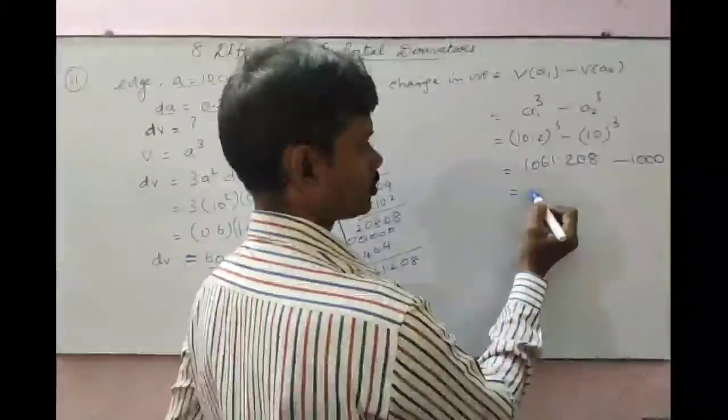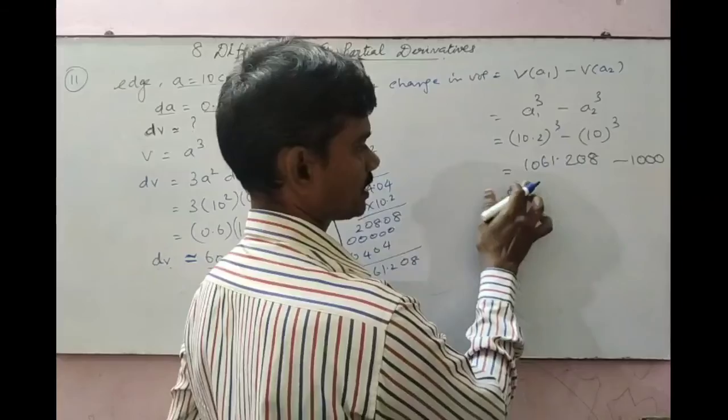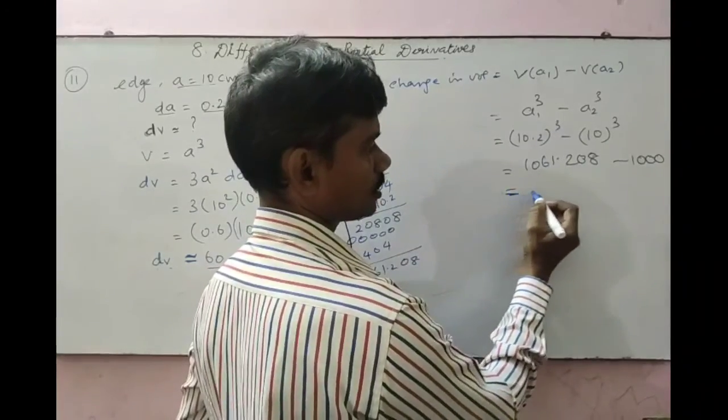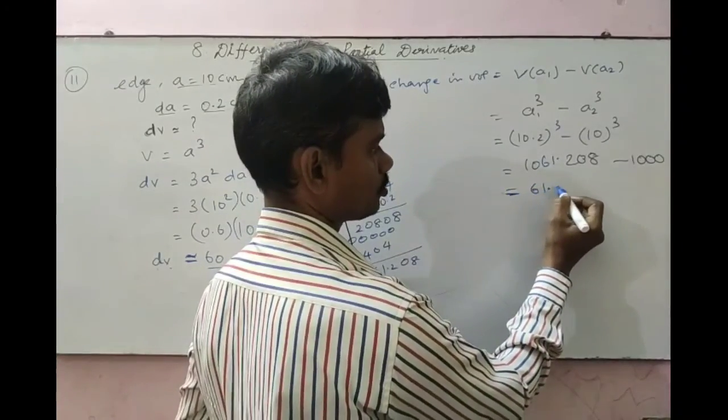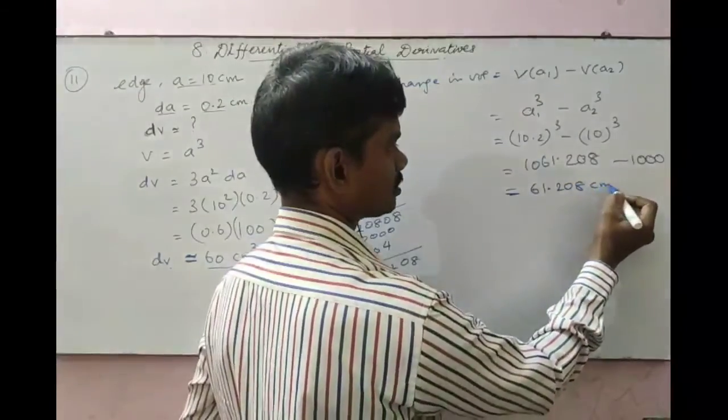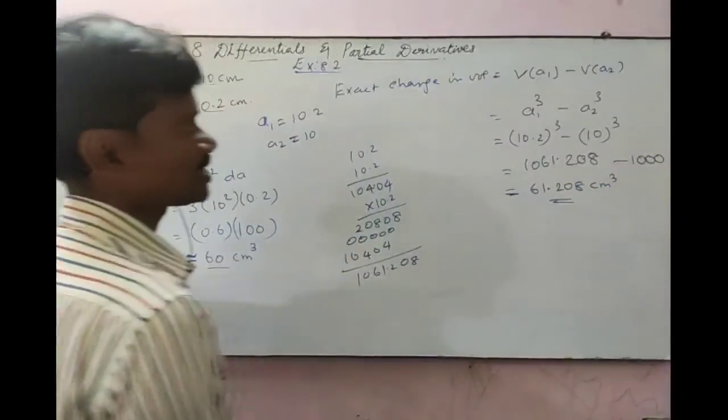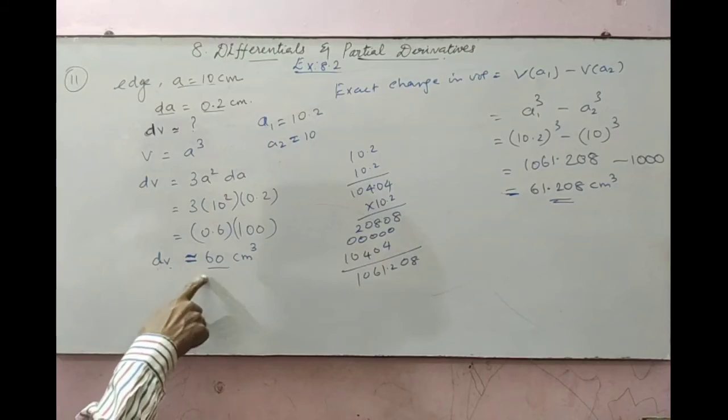Minus 1000, which gives exactly 61.208 centimeter cube. This is the exact change in volume. So 60 is the approximate change in volume.